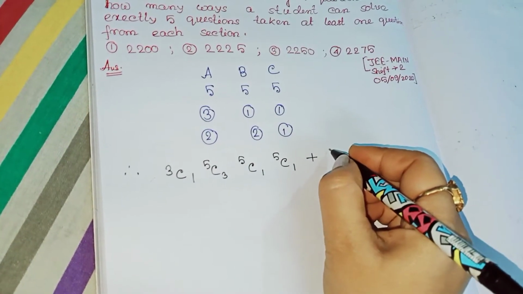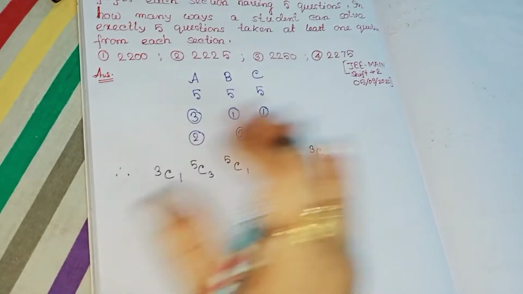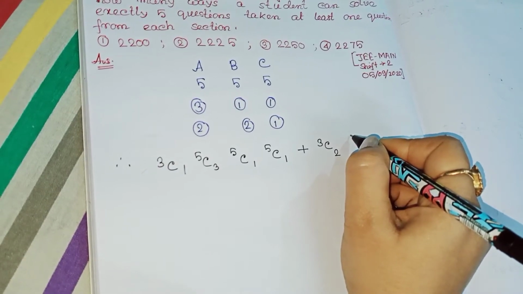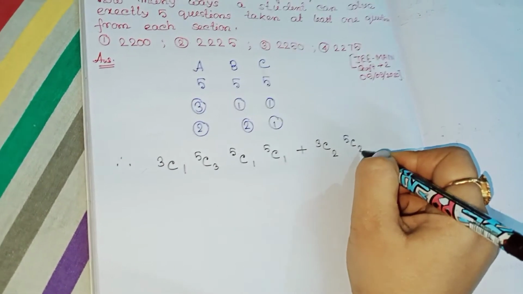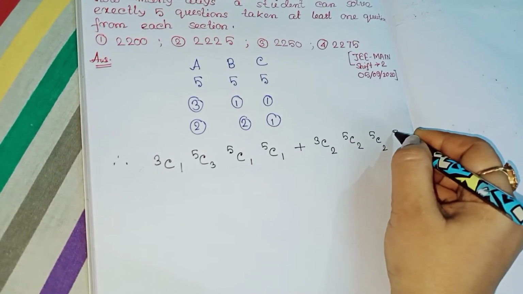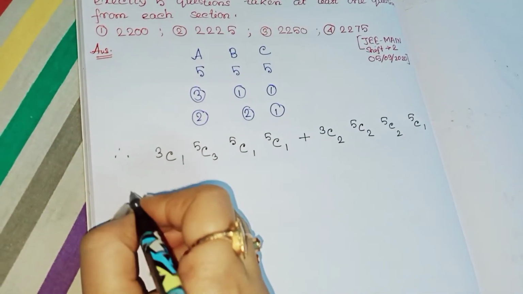3C2 ways, it is 3C1 and it is 3C2 ways. And how can we choose this? That is 5C2, 5C2 and 5C1. So just crack this.